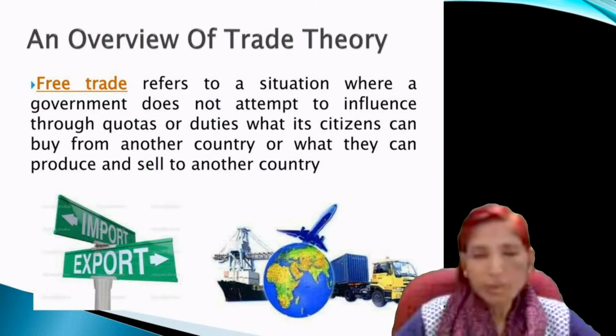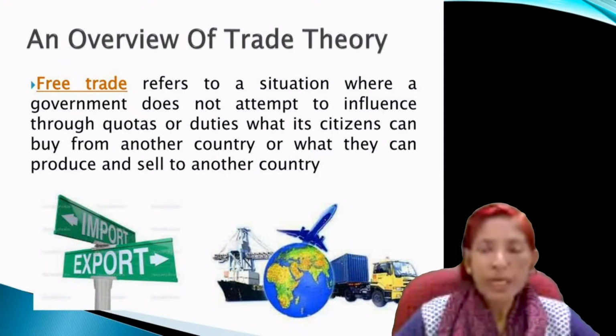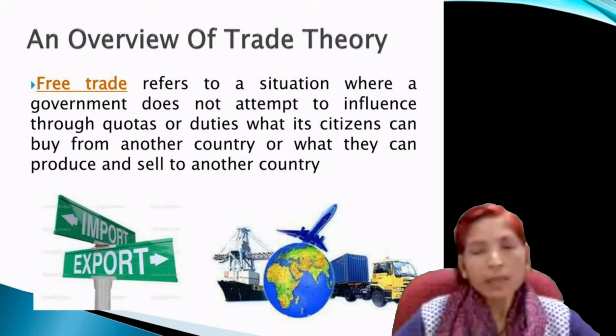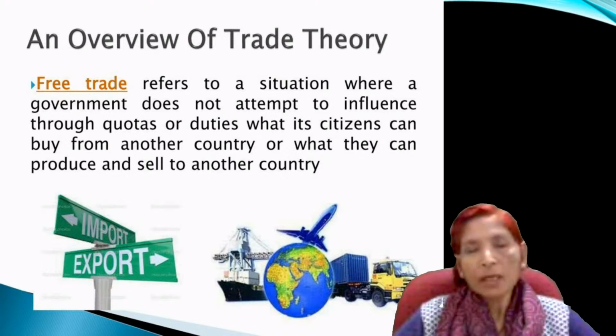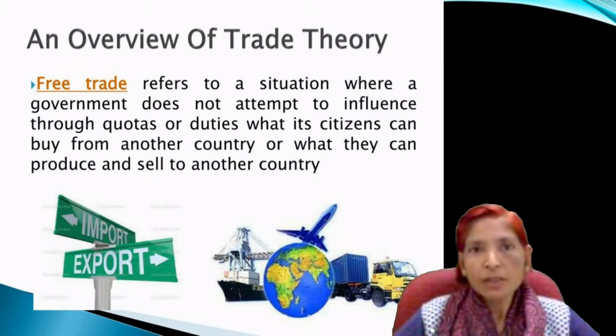It means if the government does not impose any import export duties, restrictions, barriers or import quota, then the country's people can freely export and import goods and services to and from the rest of the world. This situation is called free trade.